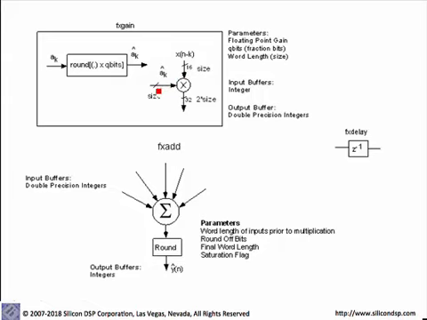The coefficients themselves have to be quantized, and they have a word length, in this case 16 bits, and they also have a parameter called qbits, which represents the fractional part for the fixed point implementation and quantization, of course, of the coefficients.